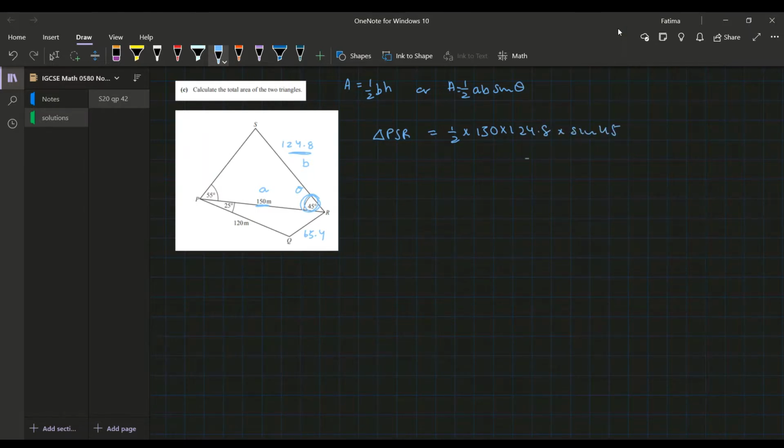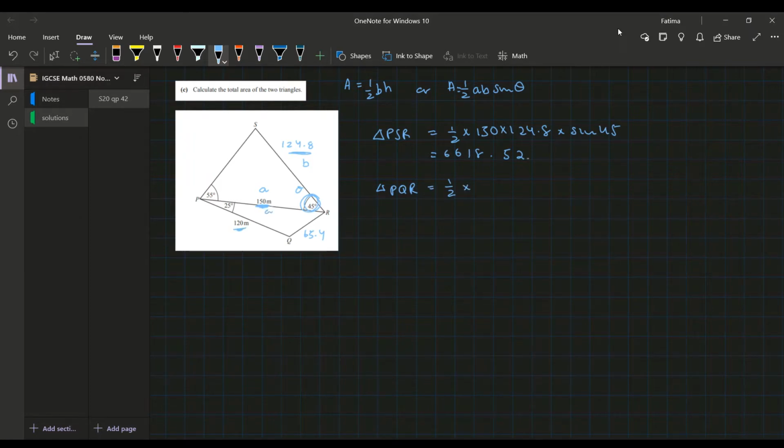The 124.8 was the answer from the previous part of the question. So in the calculator, that is 6618.52.